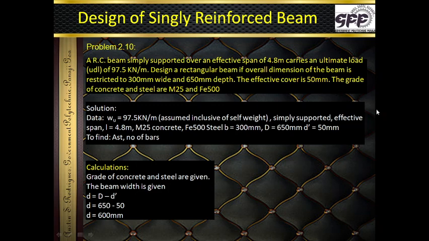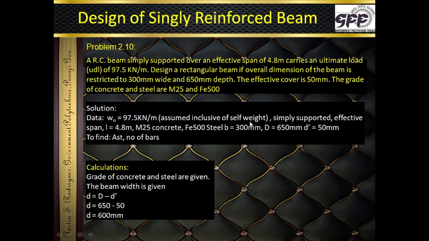So obviously what they only want us to do is, for these particular parameters, for this particular beam, how much steel do we provide? So let us just compile the data. The WU, that is ultimate load, is given to be 97.5 kilonewton per meter. Now in this case we are assuming that it is inclusive of self weight.